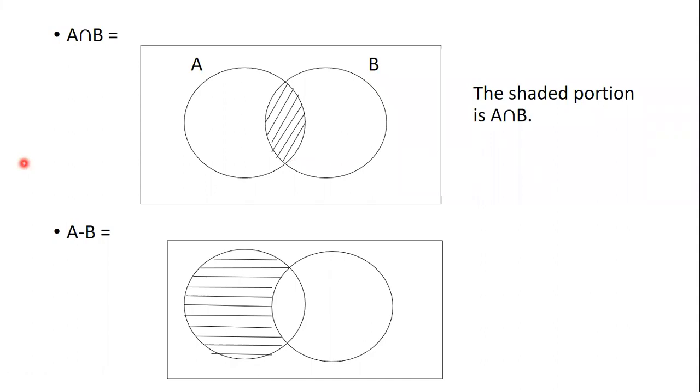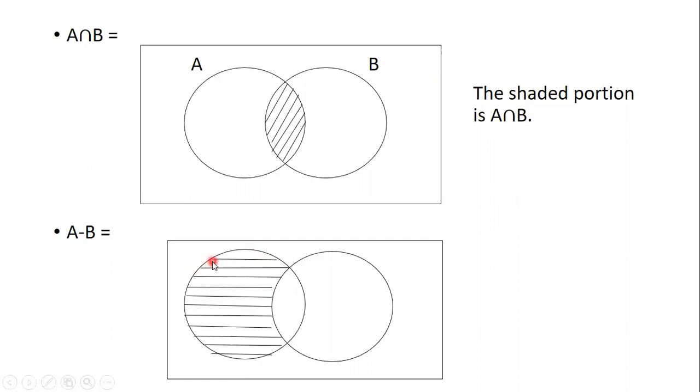Next, going on to differences of sets. When we are trying to find A minus B, A minus B is nothing but all the elements that are in A but not in B. So first we have a universal set, and then there are two sets A and B. How do we represent A minus B?